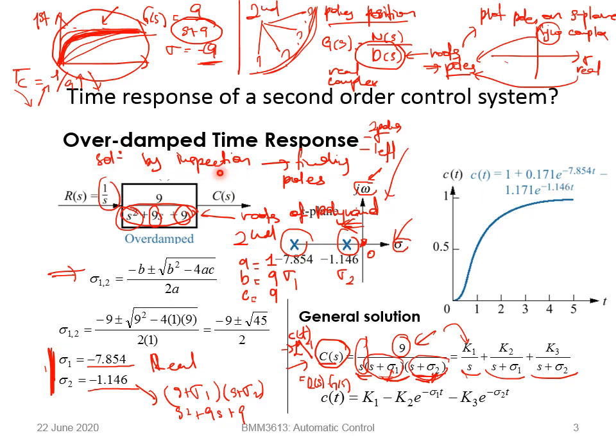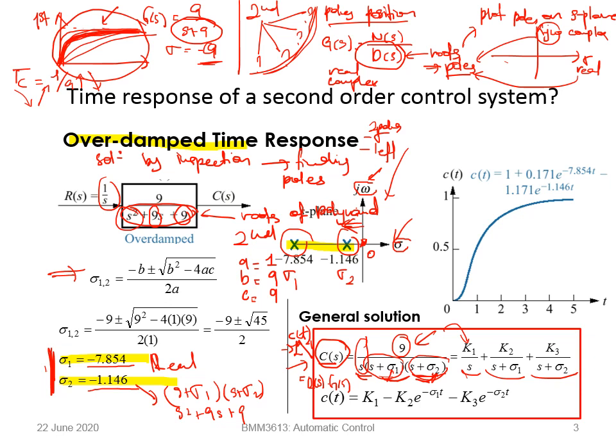So what is the characteristic of an overdamped time response? An overdamped time response looks a bit like the first order time response, but the main criterion is that your sigma 1 and sigma 2, your two poles, are located on the left hand side of the S-plane.